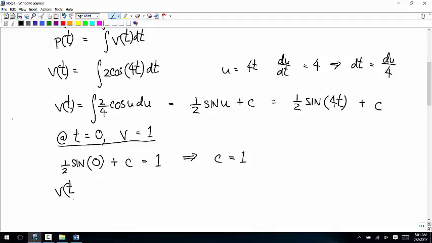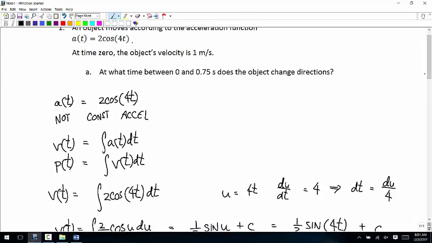And so the velocity function is 1/2 times the sine of 4t plus 1. And then there's going to be a problem here, isn't there? At what time between 0 and 0.75 does the object change direction?